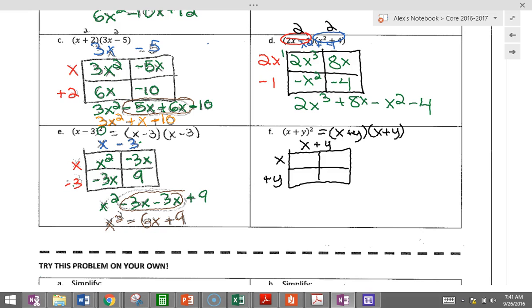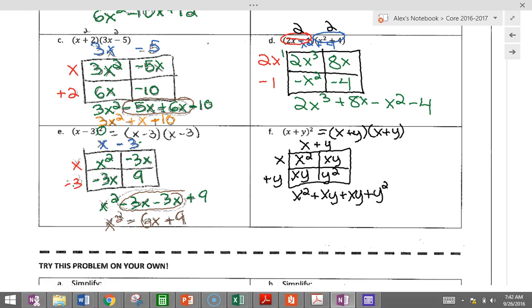So when I multiply these together, I get x times x, which is x squared, x times y, so I'm going to put xy. When we have two variables, they go in alphabetical order. When I do this next one, y and x, it's still xy. They go in alphabetical order. And then y times y is y squared.